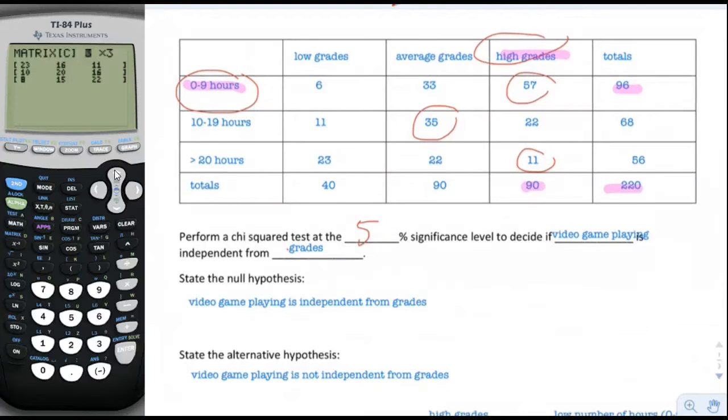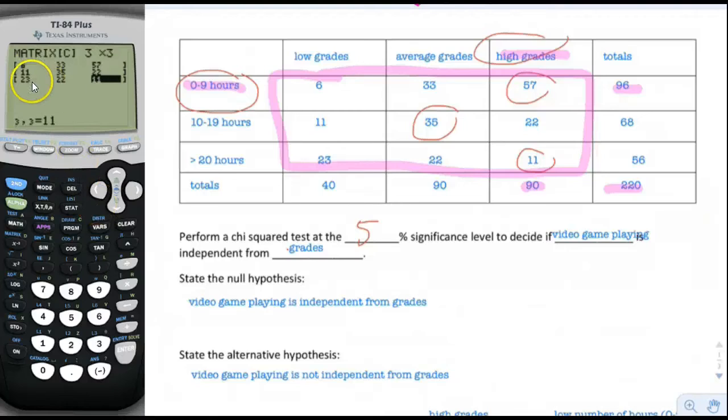Because I'm only going to put in the middle part here. Okay, so it's a 3 by 3, not a 4 by 4. So we're going to go down and start inputting this data. The first one is 6, the next one is 11, the next one is 23, and so on, and I won't make you watch all this, I'll pause.